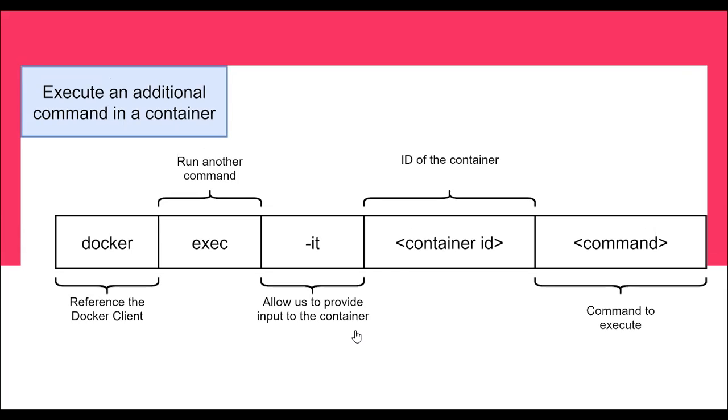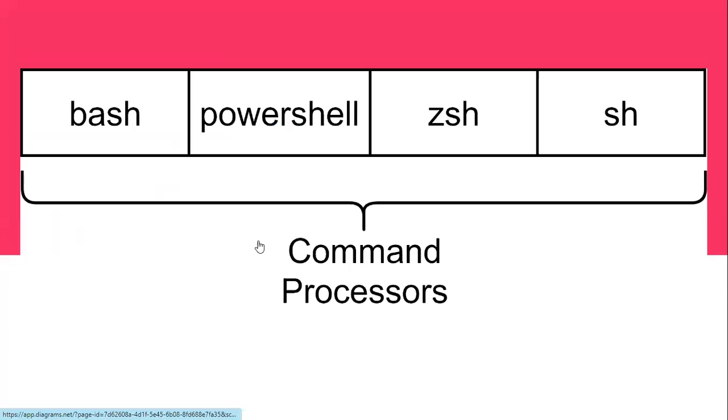And if you do ls, you can see all the directories available in the nginx container, right? You can use any command processor based on your laptop or setup. Since we are using PowerShell, we use the sh command for that, right?